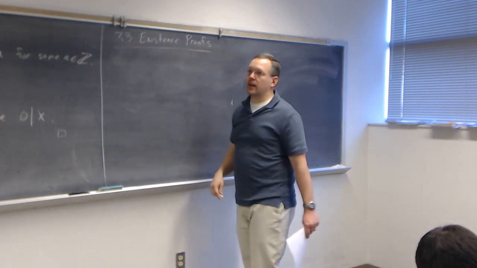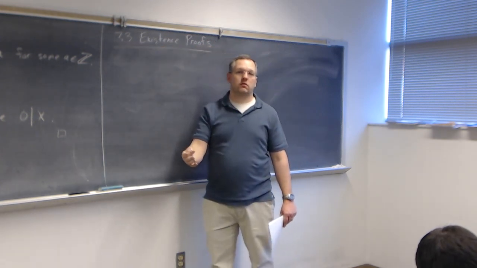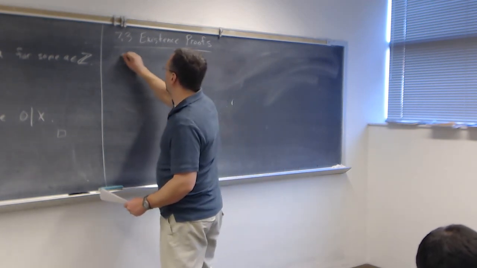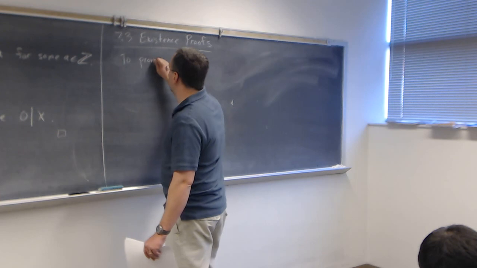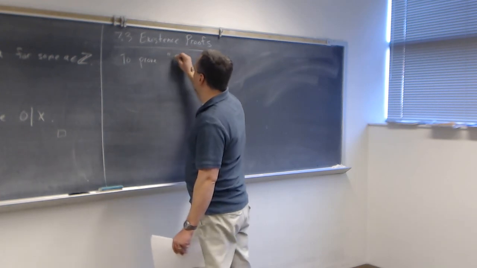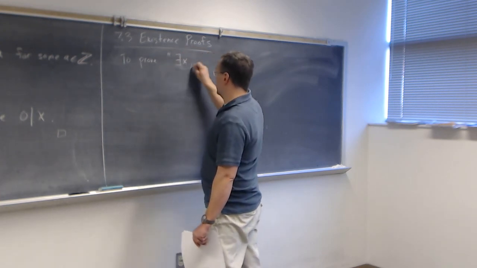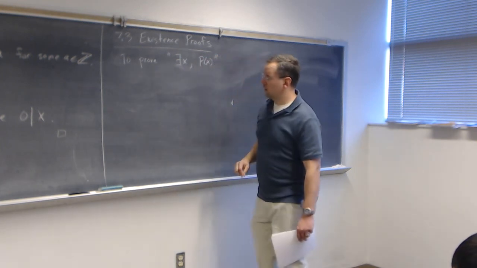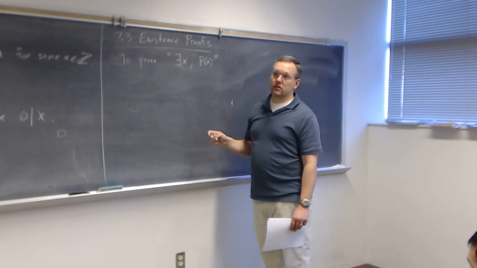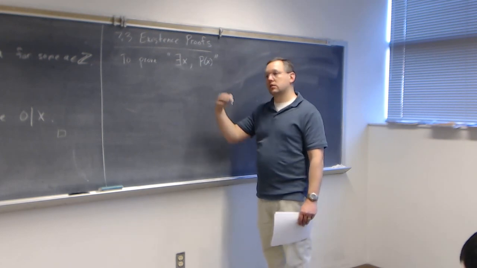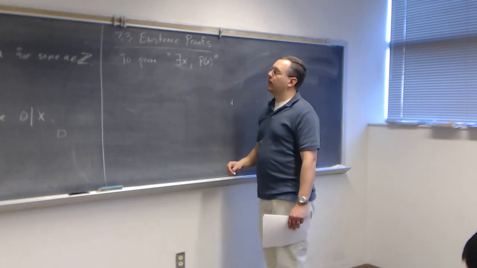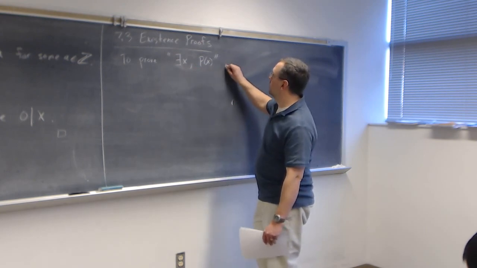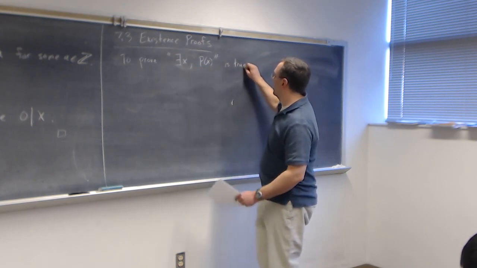These statements say there exists something. Those are the form of these theorems. So to prove an existence statement like there exists an x such that p of x is true, this is what these statements look like. They'll say there exists something.